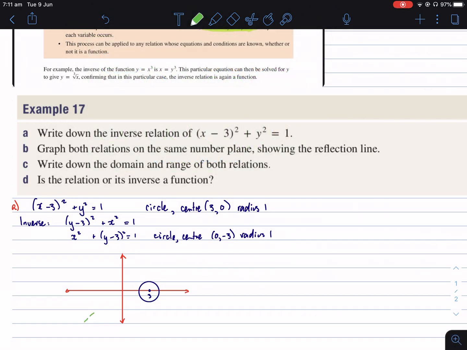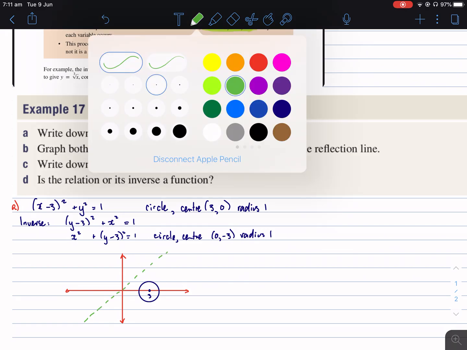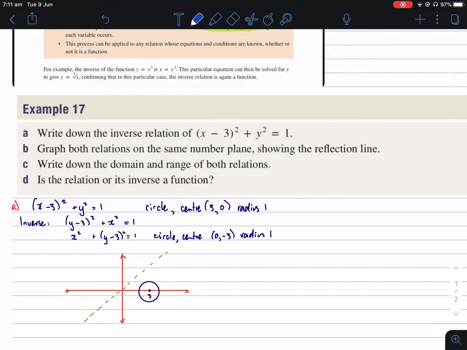Technically, we've reflected along the line y equals x. So we go from this circle up that way when we reflect it, and it becomes that circle, but pretend I'd done a better job of it.